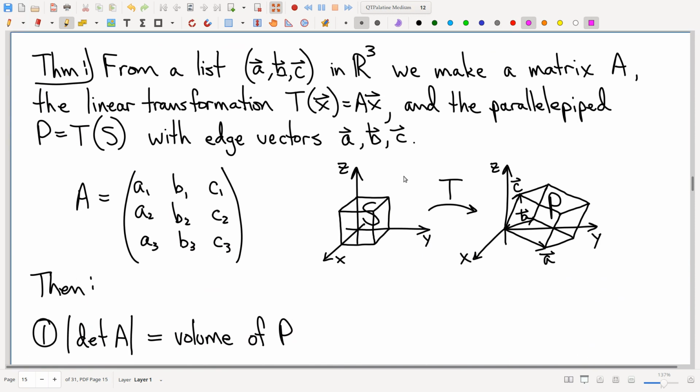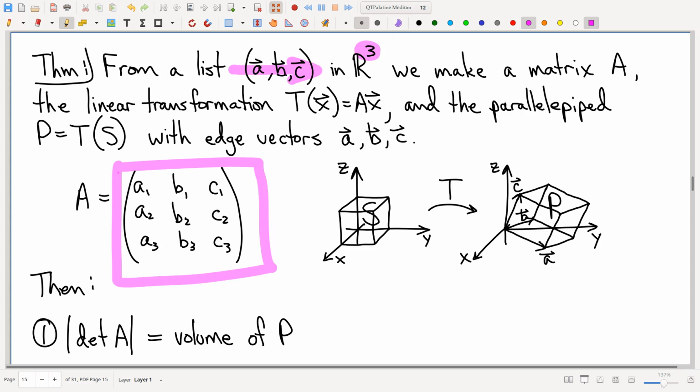This looks like the exact same theorem, doesn't it? I did this on purpose. I deliberately wrote this theorem, laid out on the page exactly the same way, because it's morally the same result. It's 3 vectors now instead of 2. It's in 3 dimensions instead of 2. It's a 3 by 3 matrix instead of 2 by 2.